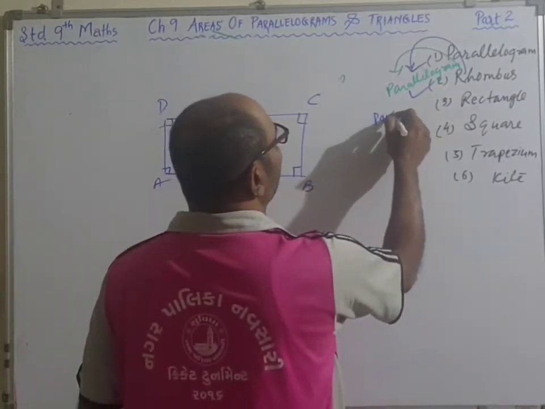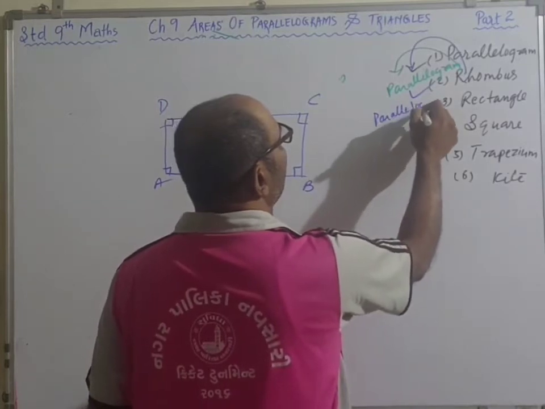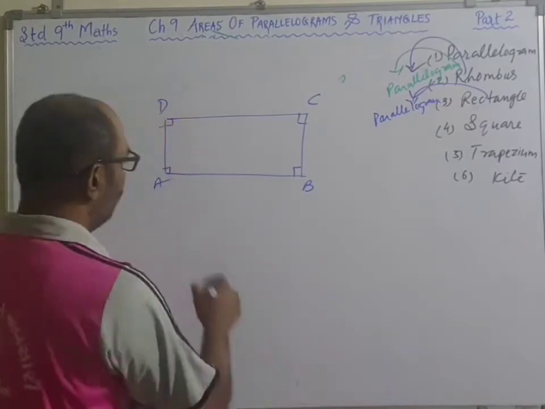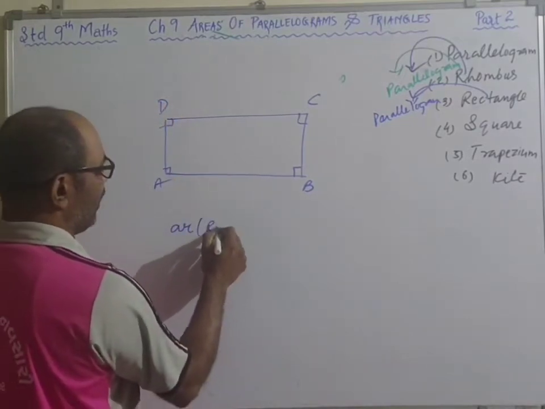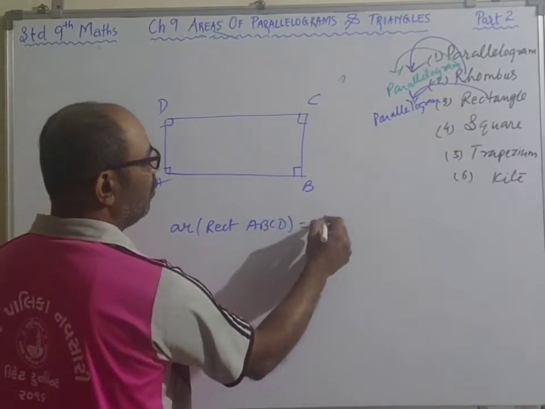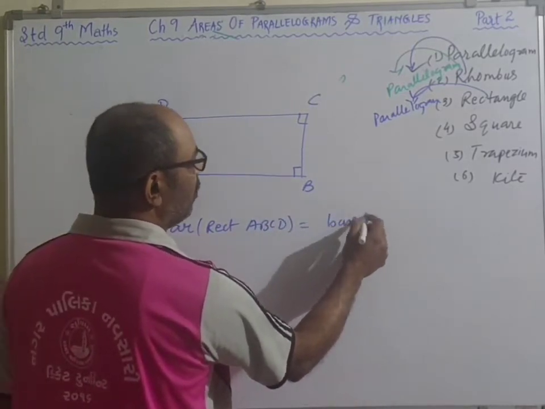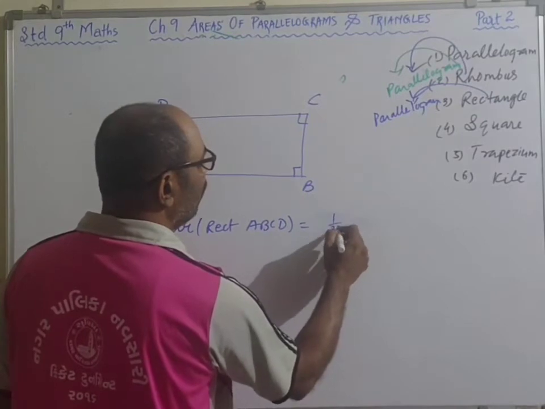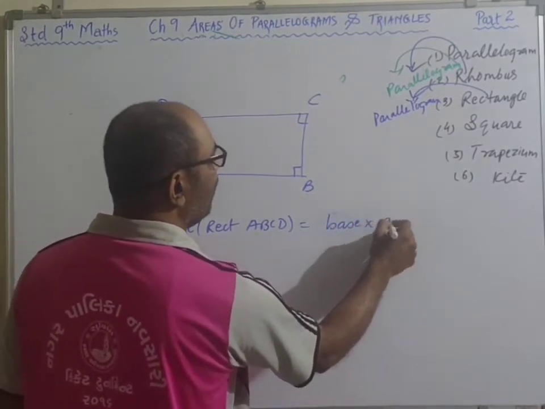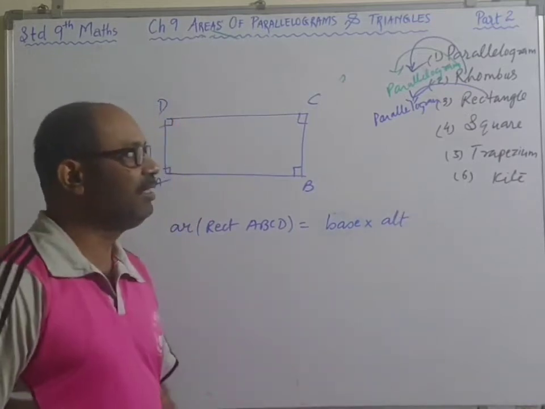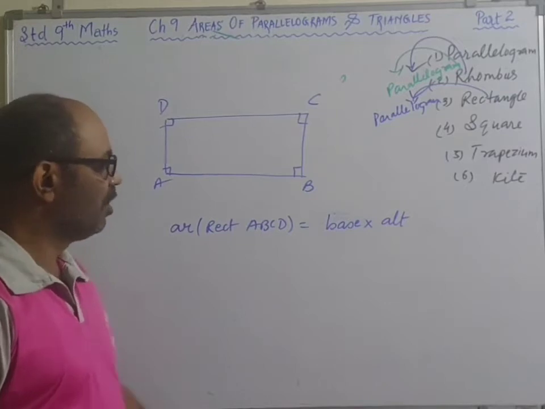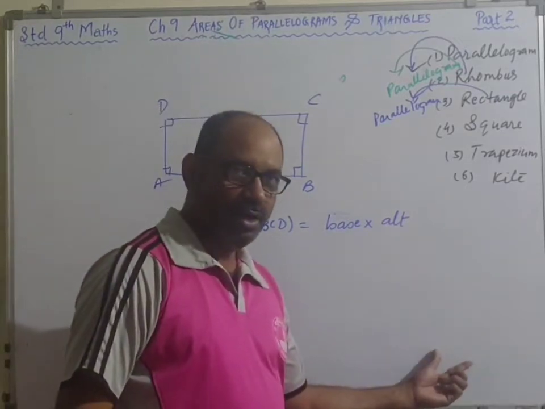Once again, a rectangle is also a parallelogram. So area of rectangle ABCD is equal to base into altitude.